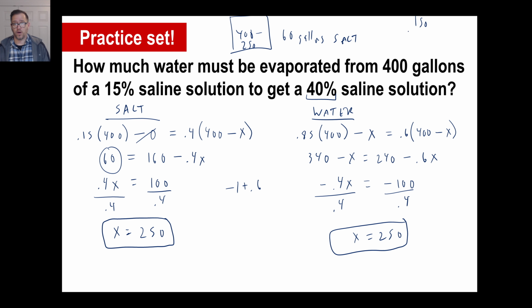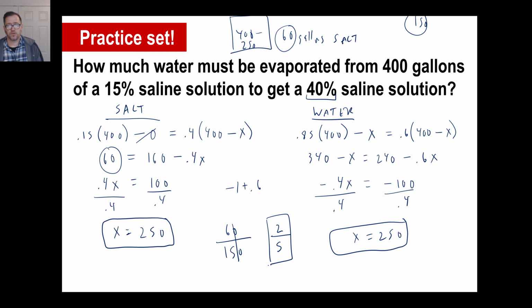The salt goes nowhere. You still have 60 out of 150. But look at this. 60 gallons of salt out of 150 gallons of the entire solution. If you knock that down, that's 6 over 15. If you divide by 3, that's 2 over 5. 2 over 5 is what percent? 40%. That exactly proves we're right.